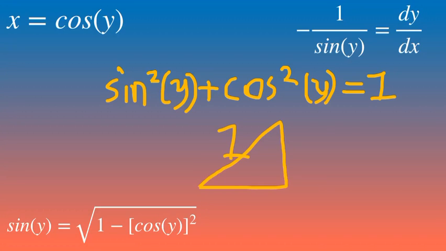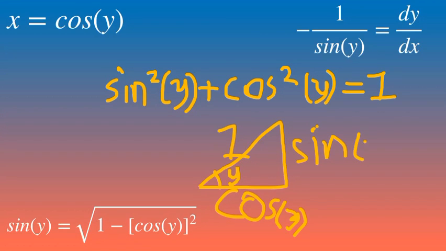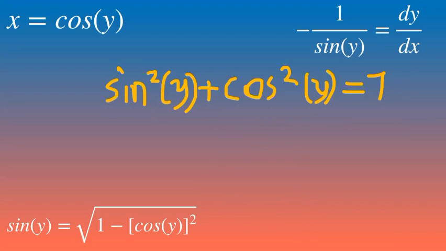So if this is 1, then this must be cosine of y, assuming this angle is y. And that's terrible handwriting. This is sine of y, right? And by the Pythagorean theorem, we get this.